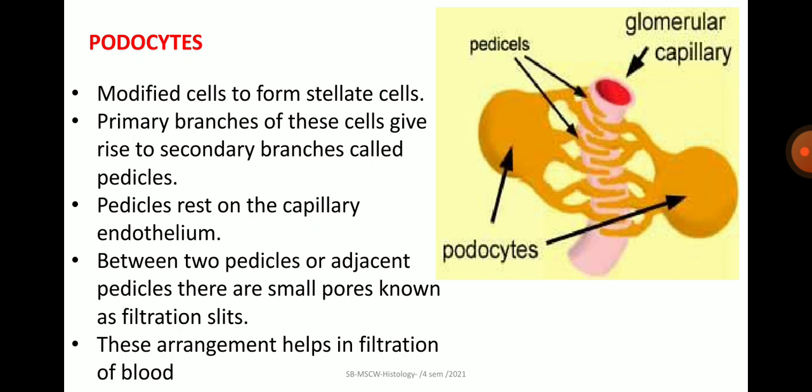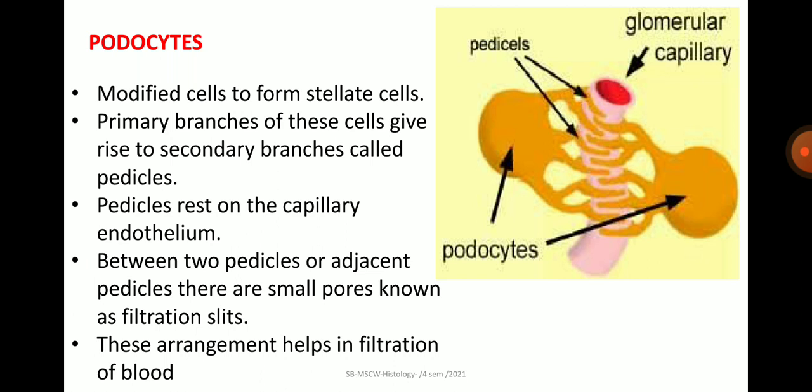Then what are podocytes? This slide will give you a very clear picture of the structural diagrammatic representation of podocytes. Podocytes are modified cells forming stellate cells, and the primary branches of these podocyte cells give rise to secondary branches, which are called pedicels. And these pedicels rest on the capillary endothelium.